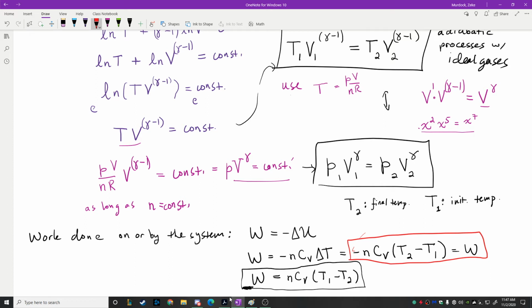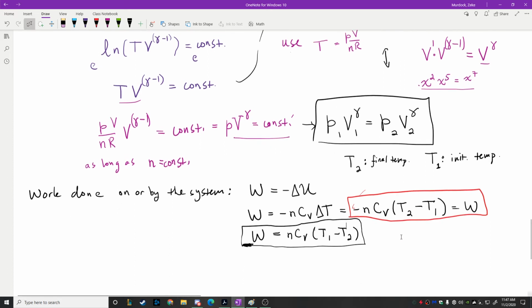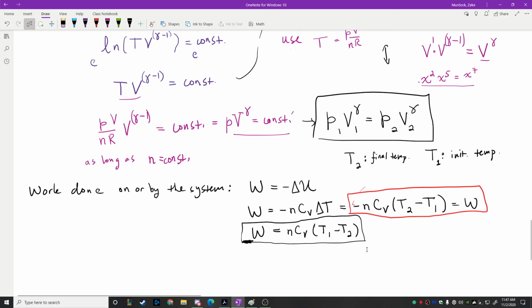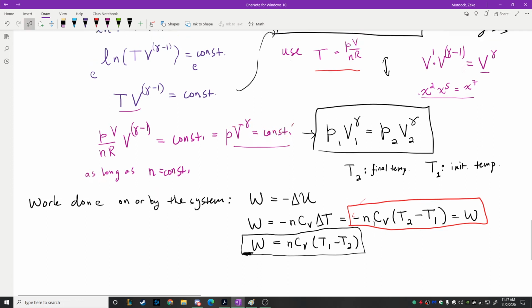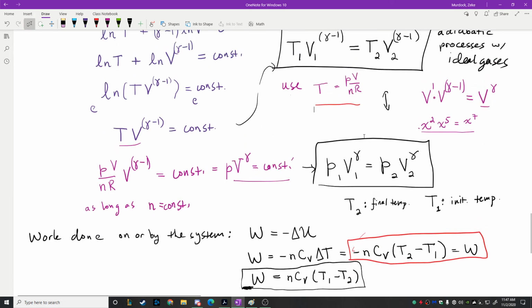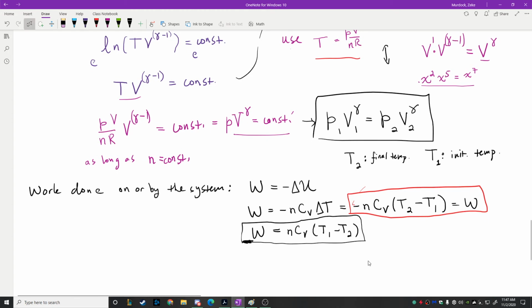The other thing we can do is we can relate this back to gamma by using the ideal gas law again. So we can use this again, that the temperature is equal to PV over NR, and we can plug that into this equation here. So what we would get then would be work. Oops. Let's keep using black.